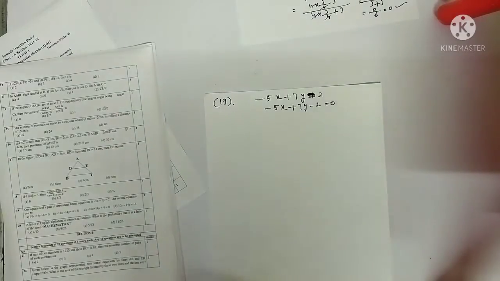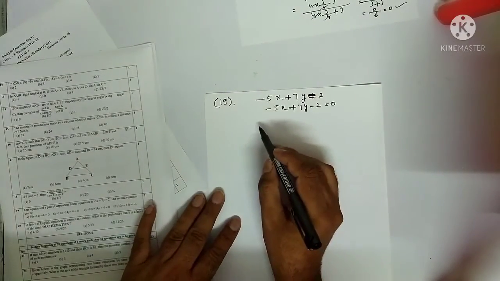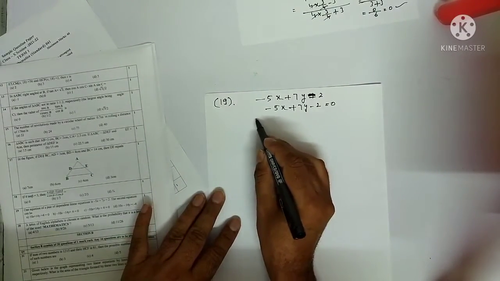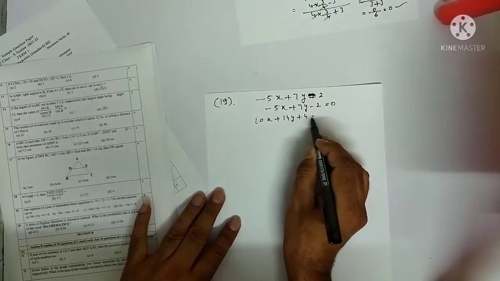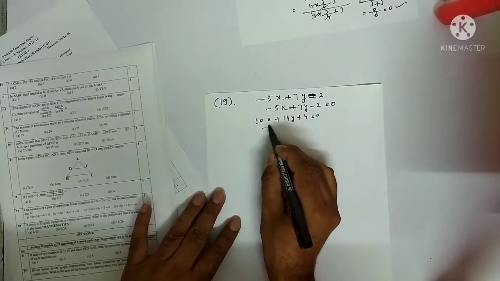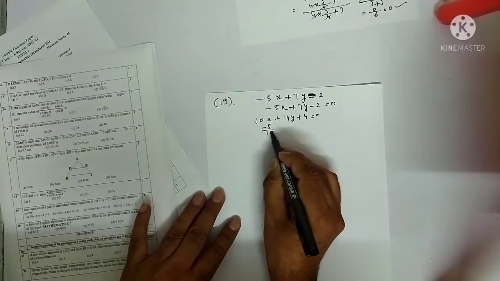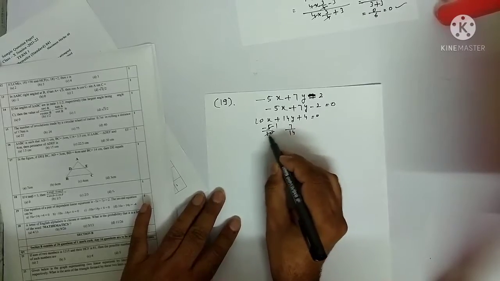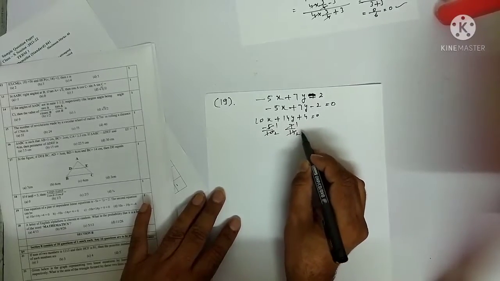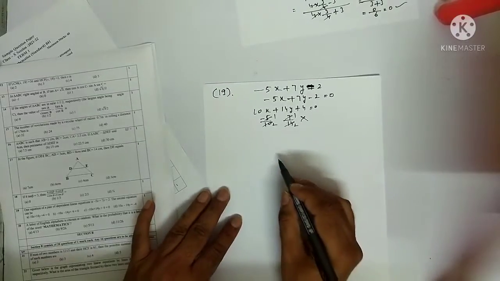Now we need to check the first option first. First option is given like 10x plus 14y plus 4 is equal to 0. So minus 5 over 10, this over this, and then 7 over 14. So it is giving minus 1 by 2 and 1 by 2. So first option is neglected.